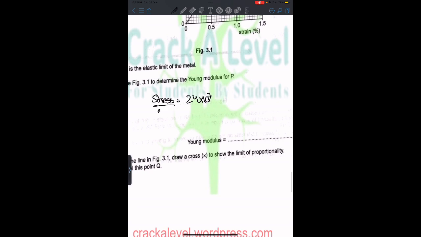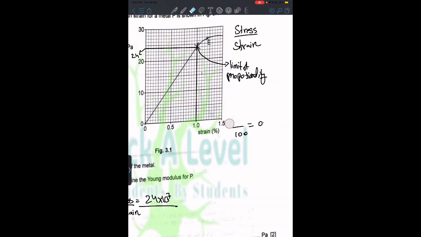And as for strain, the strain is given to us in percentage. Percentage isn't a very big deal. Percentage just means that a value, it could be n, it could be x, or any numerical value, has been multiplied by 100. So if it says it's 1% here, you will take 1 and divide by 100, which is 0.01.